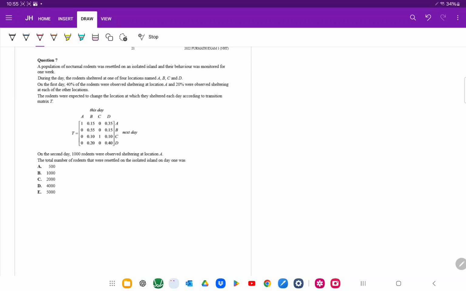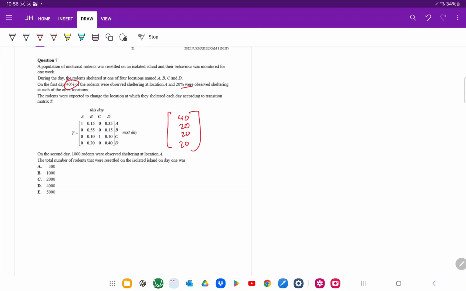Now, question 7 is asking us about a particular movement of people around each particular path. It says if we've got A, B, C, and D, on the first day 40% of rodents are at A, and then 20% of rodents at each of the other locations. So 40, 20, 20, 20.